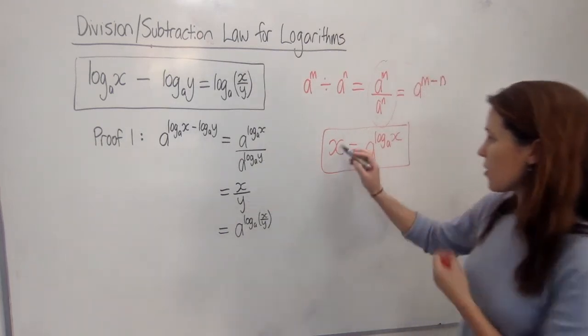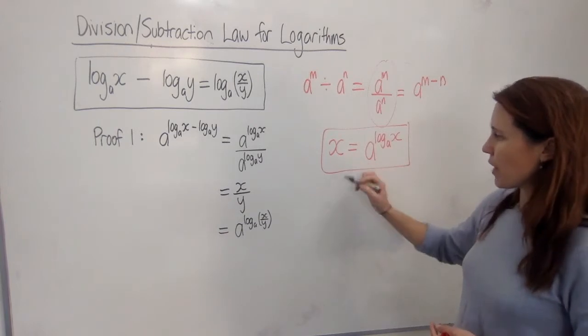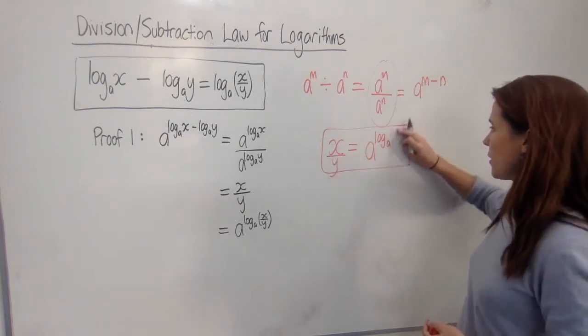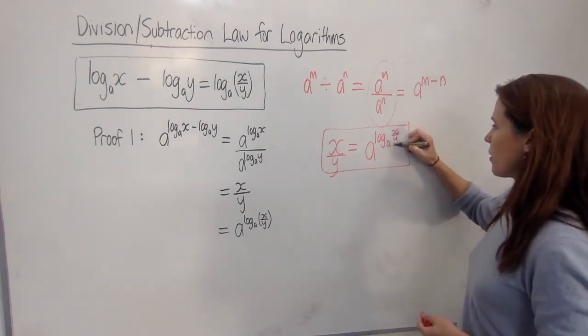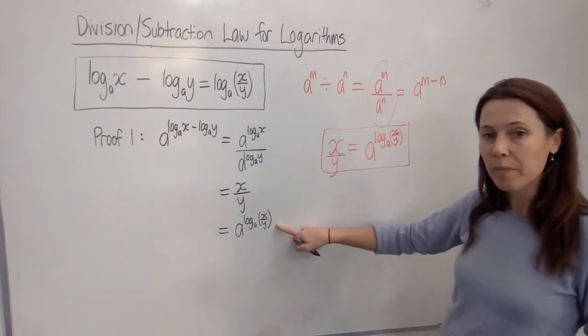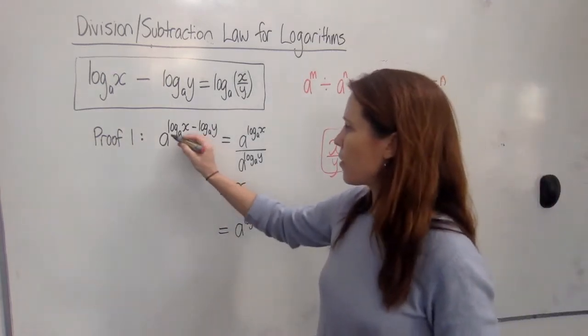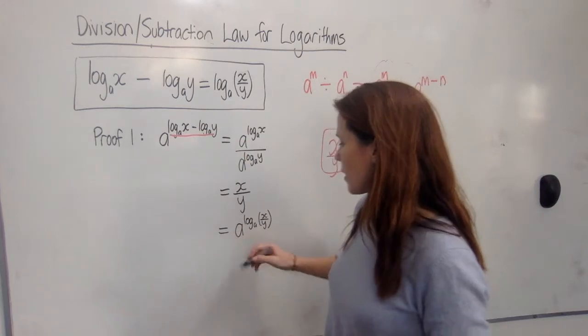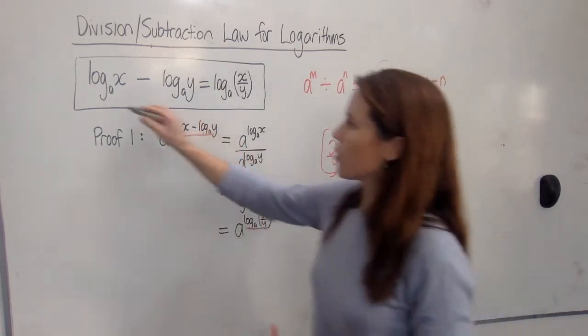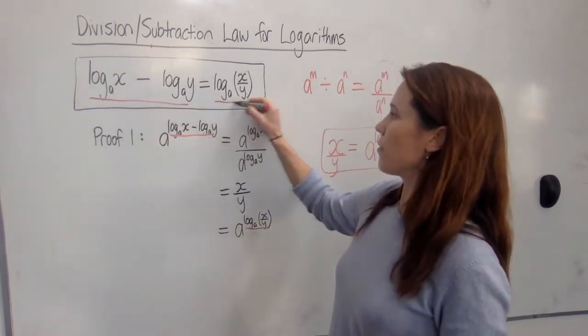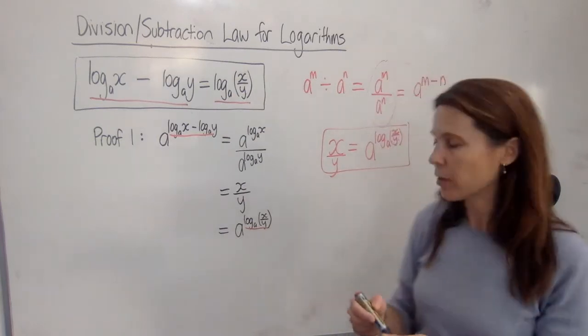We could also then use this same law again and say if it works for x, it'll work for x over y, and I'll have x over y up there, which is what I have. So we've got a to the power of this equals a to the power of that. So all of this equals all of that. That's the way the proof works.